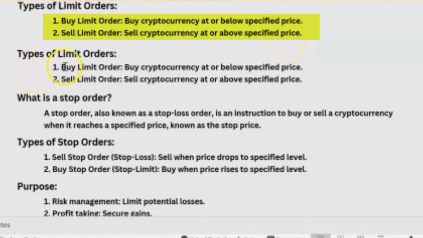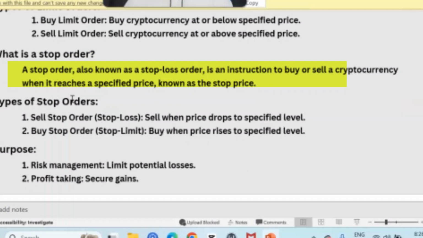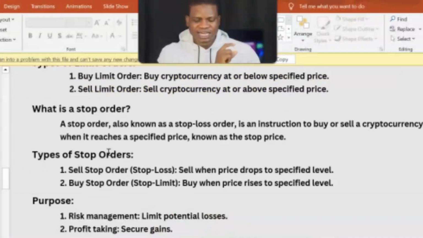Then we have a stop order. A stop order is also known as a stop loss order. Stop loss simply means when you are trading and it gets to a point where you are losing your money and you don't want to incur a lot of loss, you can set a particular price in the market, saying that once the trade is going against me, immediately get to this particular price point and take me out of the market with a particular amount of loss.